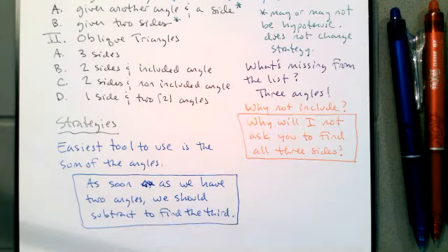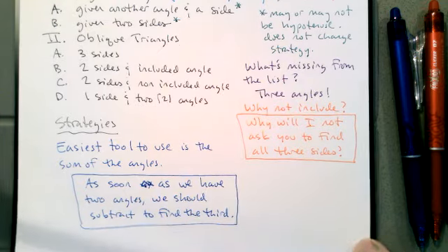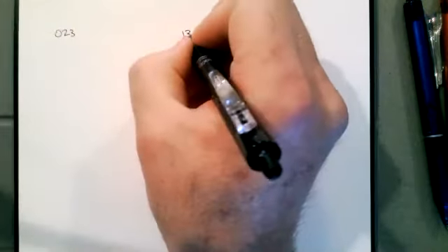So let's look at an example of what that looks like. The reason that I'm pointing this out is that this tool shows up right away in the first case of solving a right triangle.